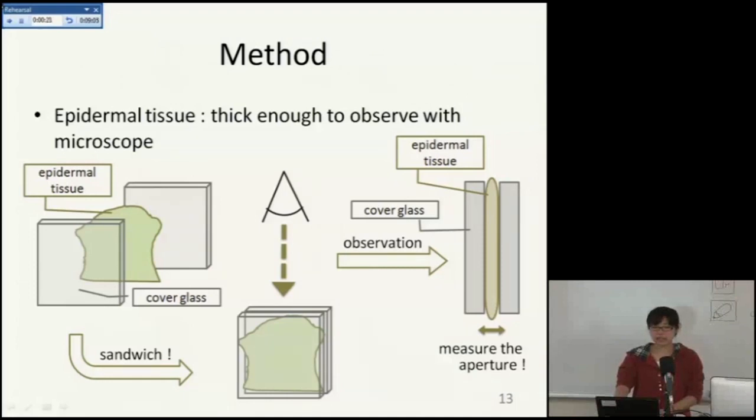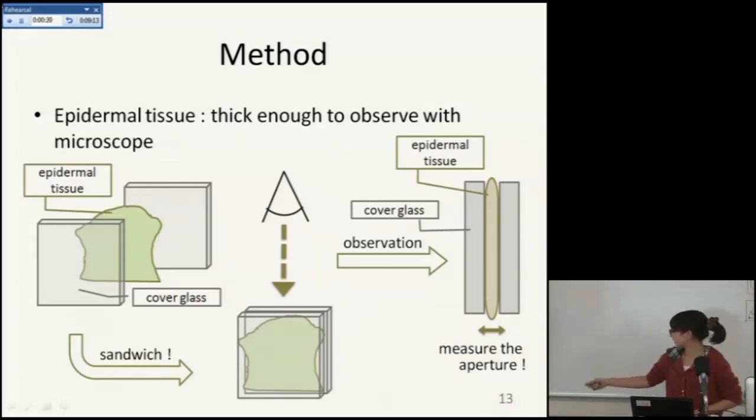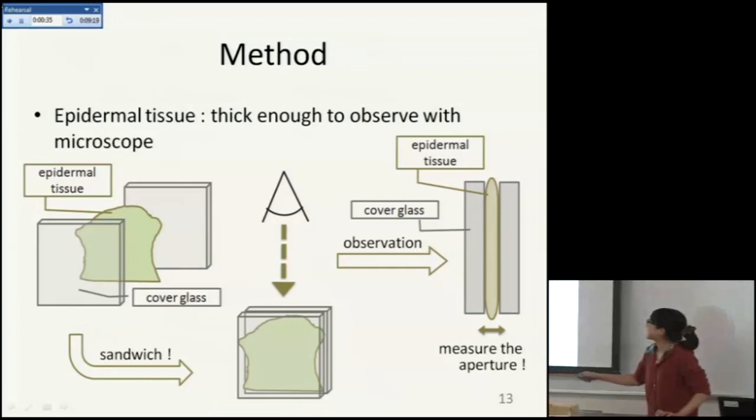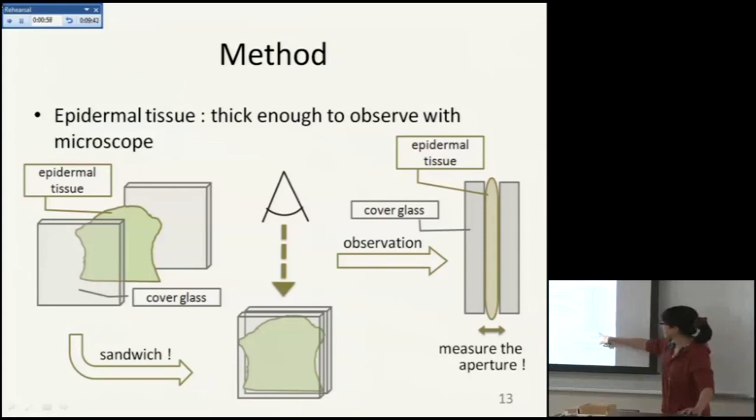The method is: first, I sandwich the epidermal tissue between two cover glasses, and after that, I obtain the image by the microscope from the upper side of the sample. And here, I could obtain an image like this. By measuring the aperture of the two glasses, I can estimate the thickness of the sample.